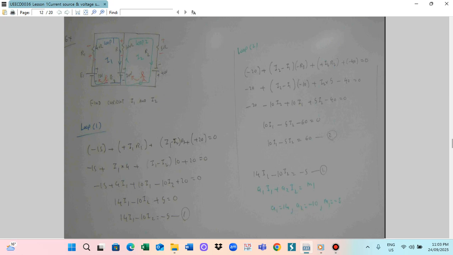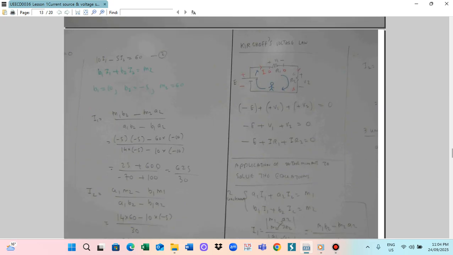Okay, so equation 1 and 2, this is where to compare. For equation 1, 14 I1 minus 10 I2 is equal to minus 5. You compare with A1 I1 plus A2 I2 equal to N1. Therefore A1 is equal to 14, A2 is equal to minus 10, N1 is equal to minus 5. You got it?